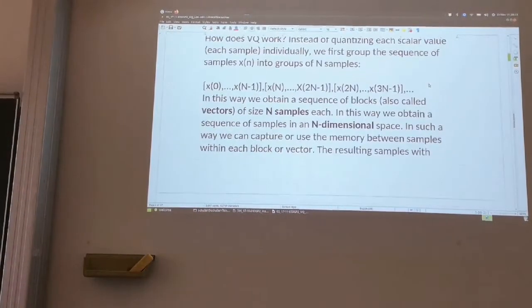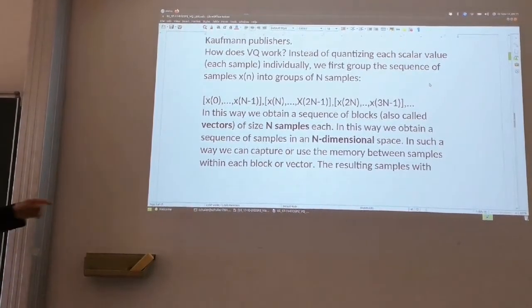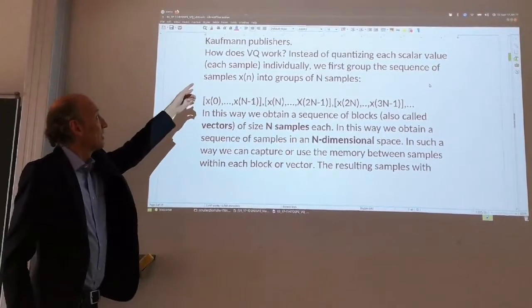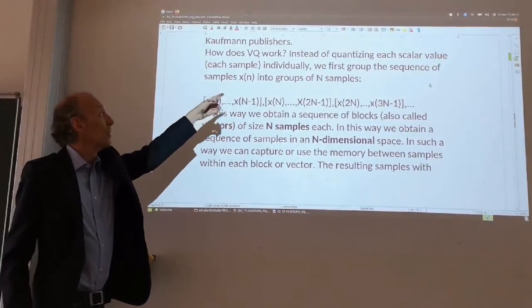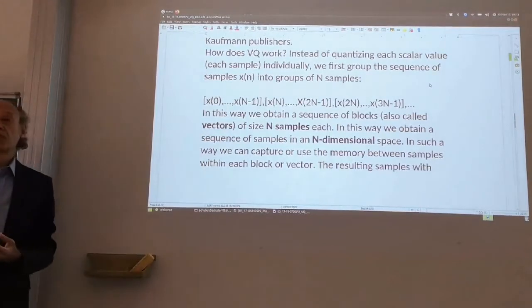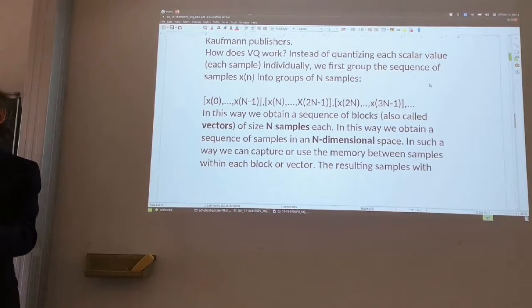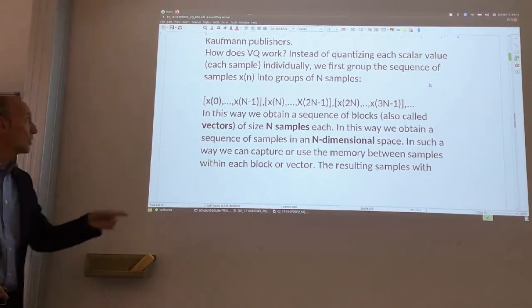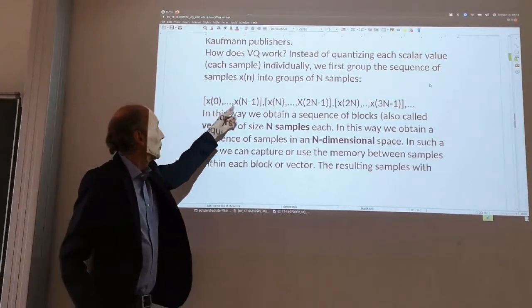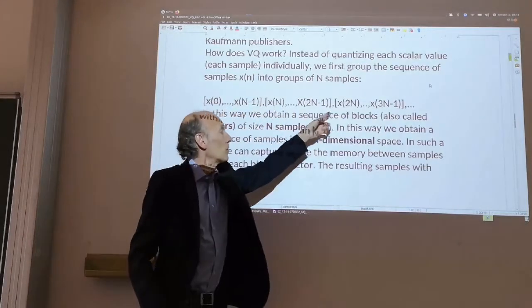So how does vector quantization work? Instead of quantizing each scalar value or each sample individually, we first group the sequence of samples into groups of samples. So we put them into blocks of n samples, which you can see here. So this is the first vector, the first block of n samples, then you have the second block, and so on.